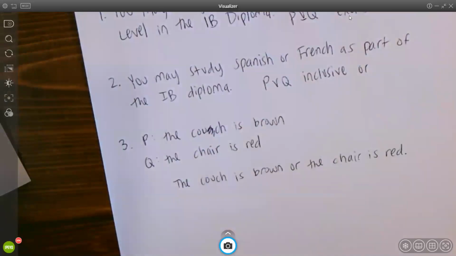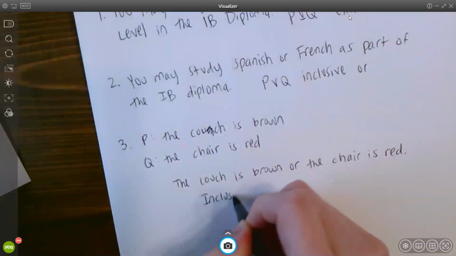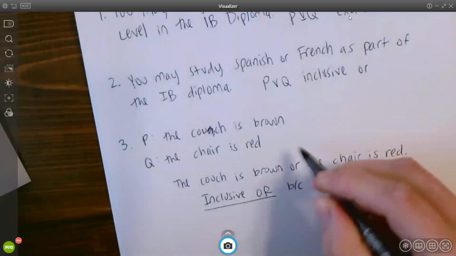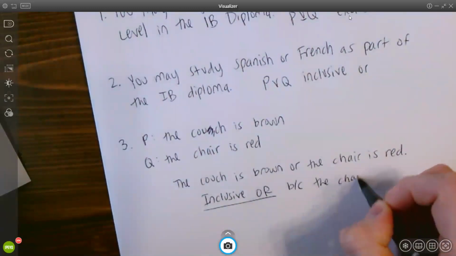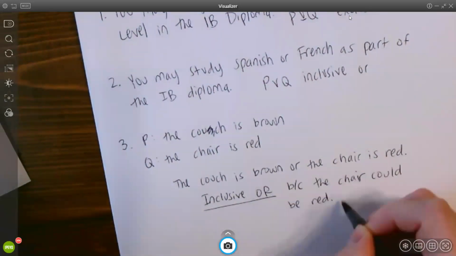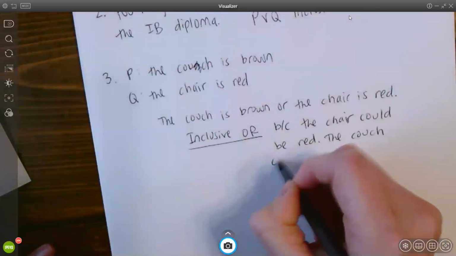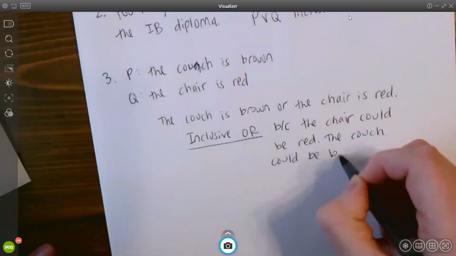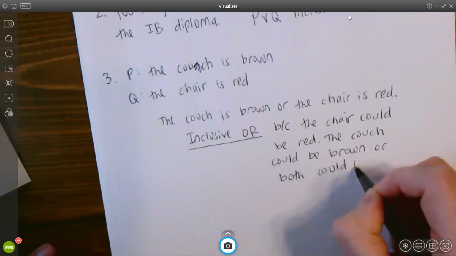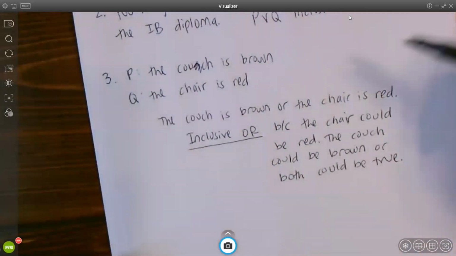This would be an example of the inclusive or, because the chair could be red, the couch could be brown, or both could be true. So that one was an inclusive or.